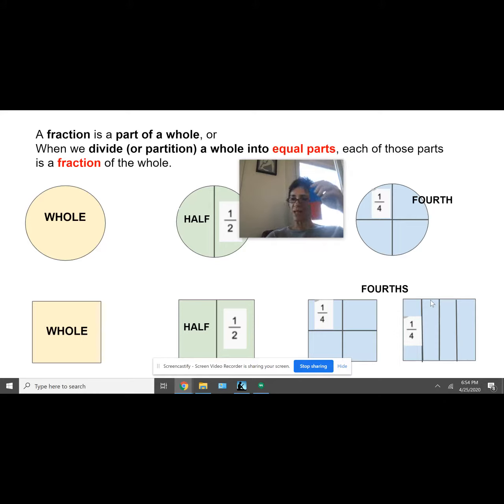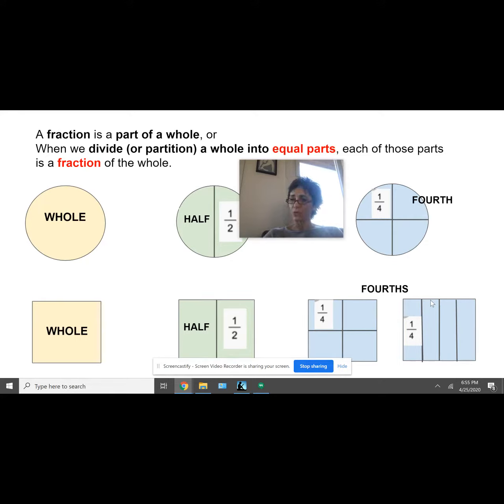So my red part, I can go ahead and write 1/2. This is 1/2 of the tower. And the blue part is also 1/2 of my tower with 12 bricks, my Lego tower.